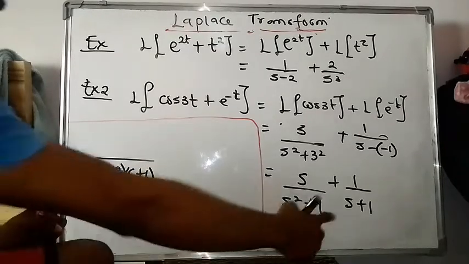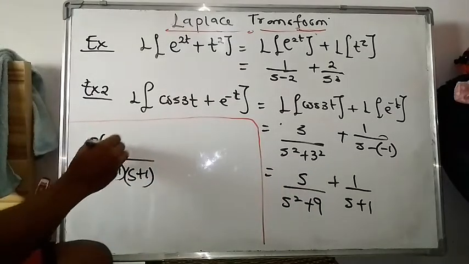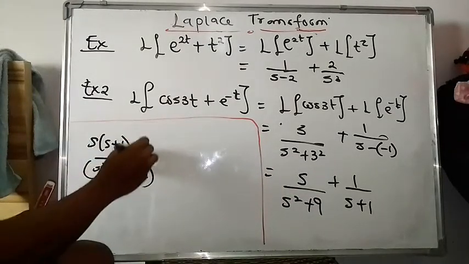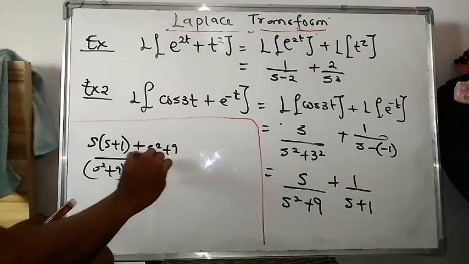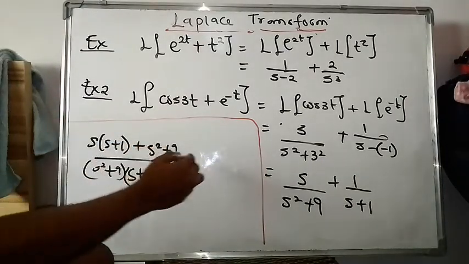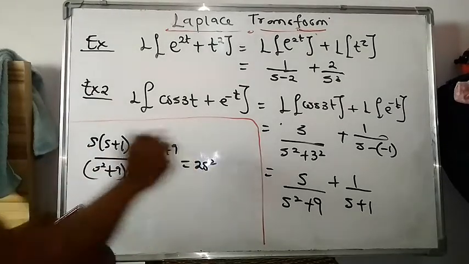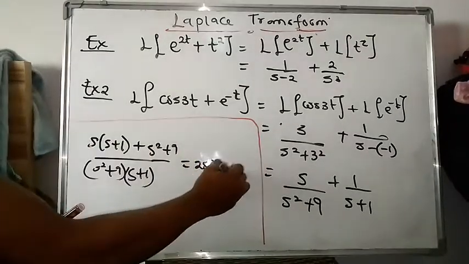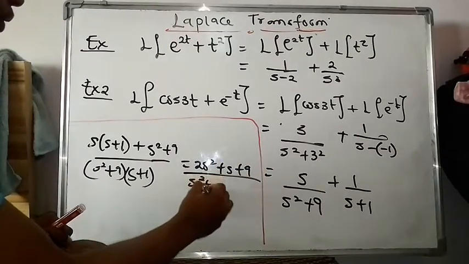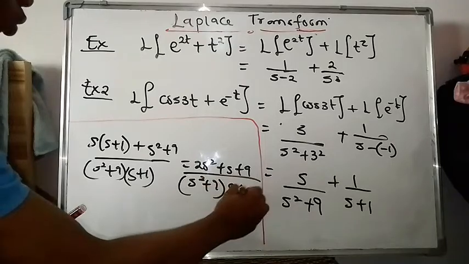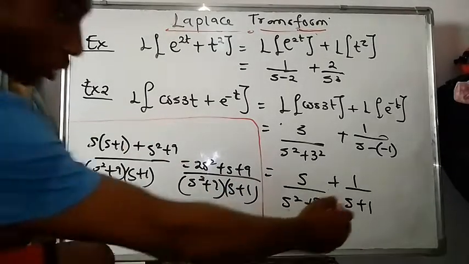Simplifying, we have s times s plus 1 plus s squared plus 9, giving 2s squared plus s plus 9 divided by s squared plus 9 times s plus 1. Either you leave your answer like this, or like this. They are both correct.